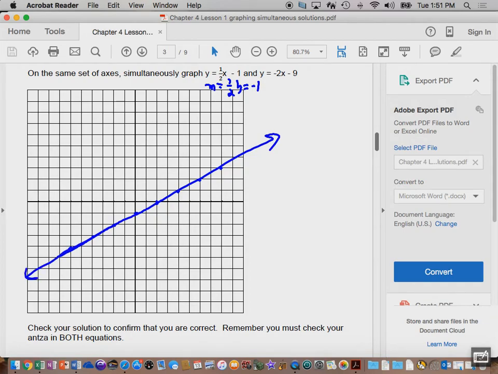Notice when I make these lines, I make them nice and long. Now this one does not meet at a perfect point, and sometimes that happens. It's actually going to meet at the point -3, -2.5. It's not typical, but it's sometimes.